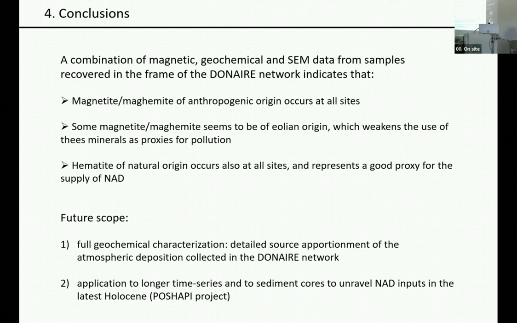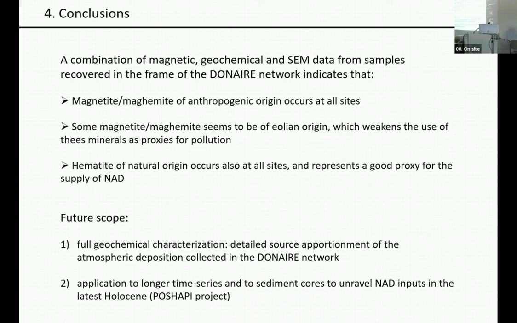We find evidence that some magnetite and maghemite particles seem to be of aeolian origin, which somehow weakens the use of these minerals as proxies for pollution, because there is this overlapping with aeolian magnetite. And finally, we find evidence that hematite is of natural origin in all sites and represents a good proxy for the supply of North African dust.